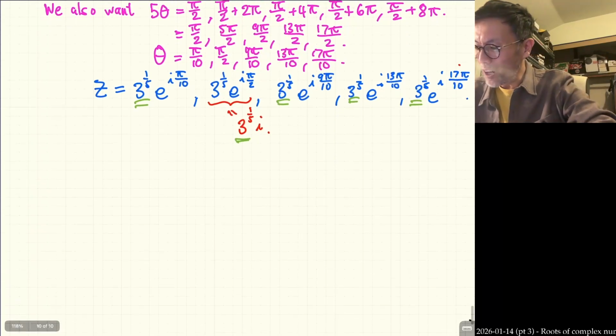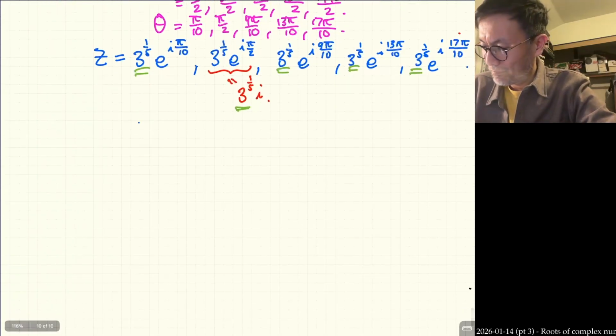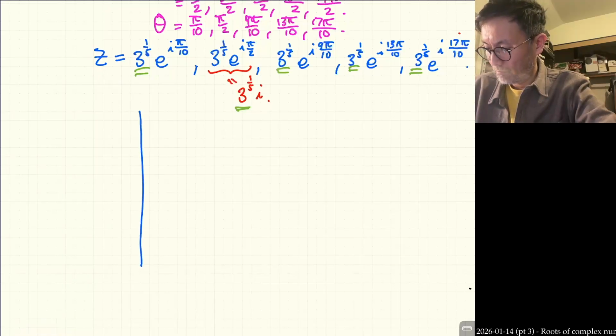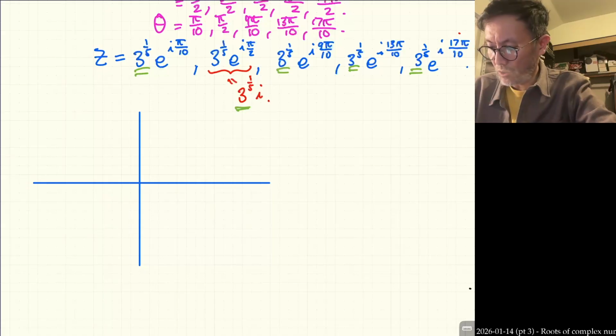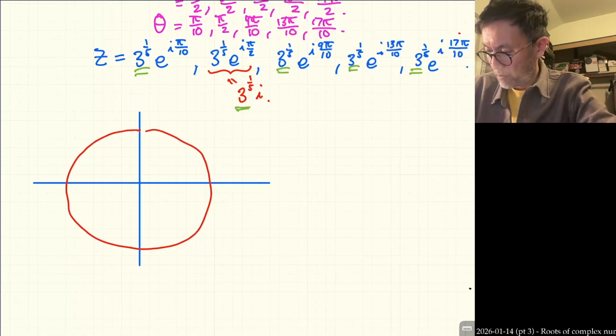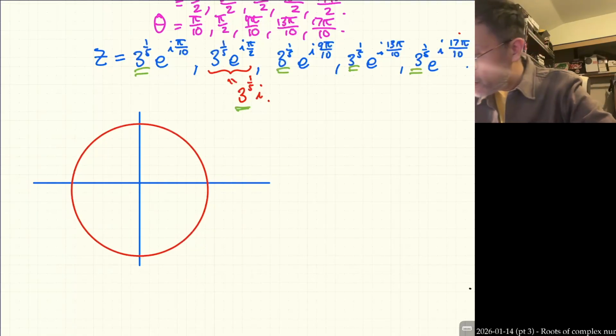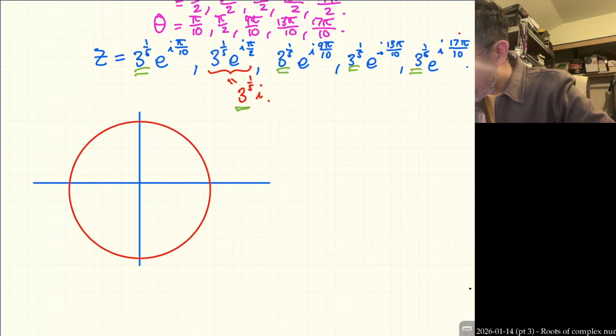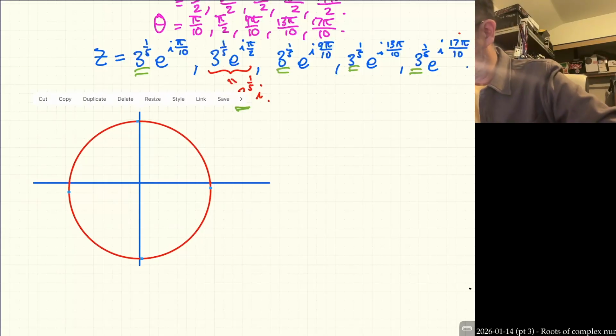Okay, I'm going to draw these roots for you. I'm going to do this by first drawing the circle of radius 3 to the 1/5. Shoot, this doesn't look right to me.